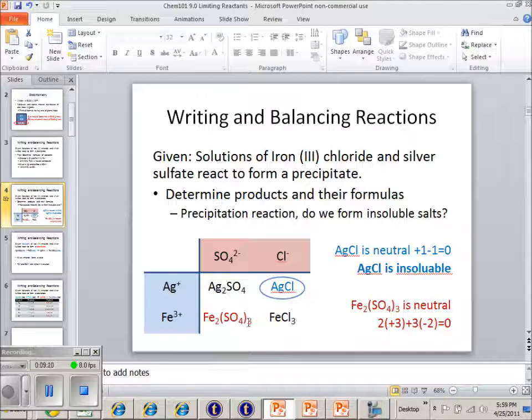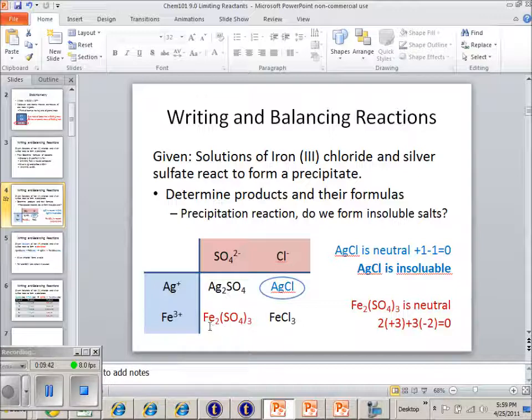Okay, so not only should you be able to tell me what I started with based on the description, but also you should be able to tell me what the possible products would be based on just swapping the cations and anions. So you should be able to give me that there's silver chloride and that there's iron sulfate. And you should be able to show me that this is the right compound.